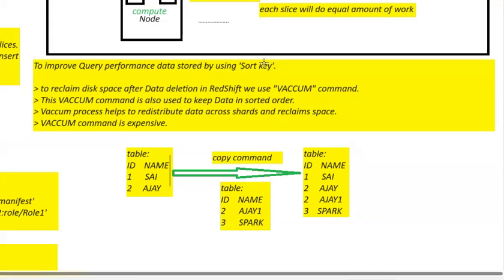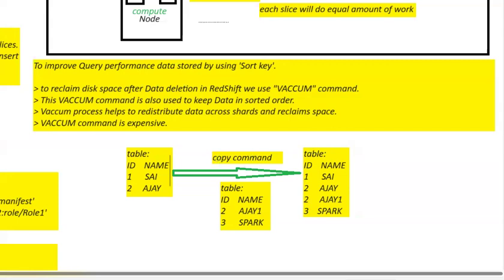By using the sort key, right? Yes. So let's say this ID is the sort key. Now, is it possible to get duplicates when we use the copy command? Yes, there is a possibility to get duplicates when we use the copy command.